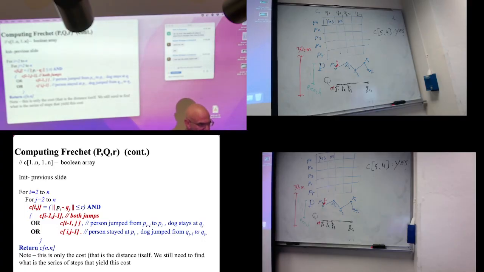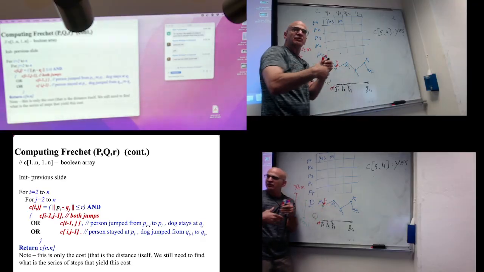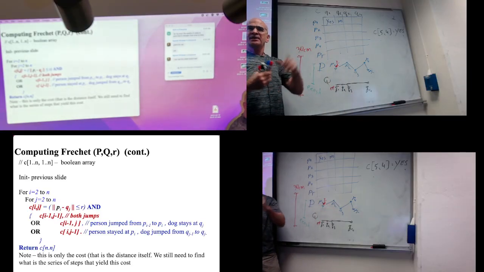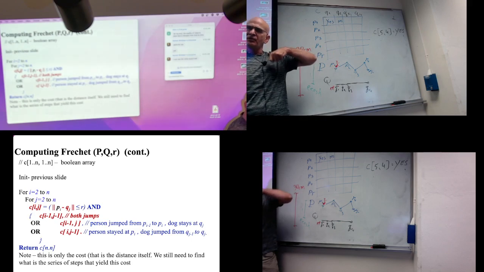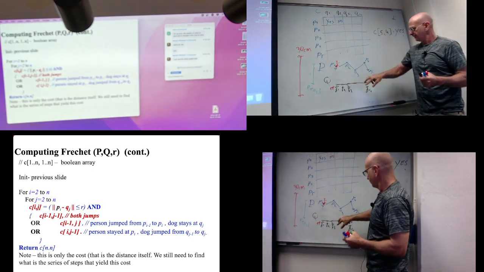What would guarantee it? Or what will be sufficient to say it's no? It asks, is there any way that the dog and the man can move? And I'll remind you the move meaning at every time step, either dog moves, or the man moves, or they both move. And always one vertex to the future.